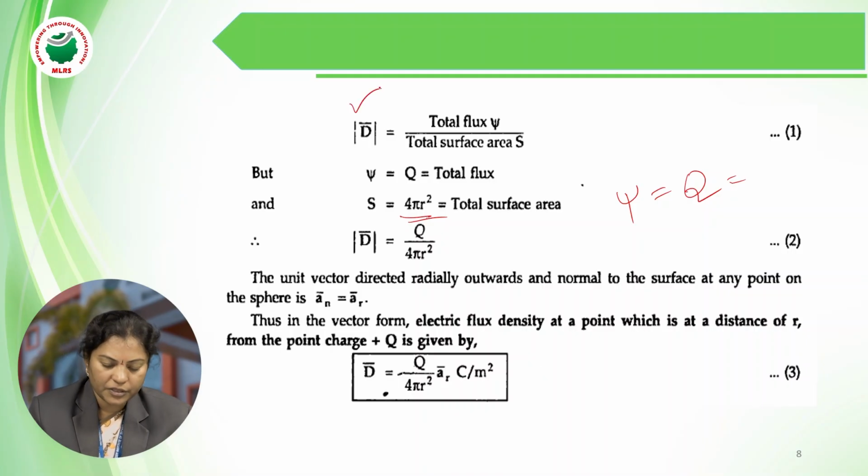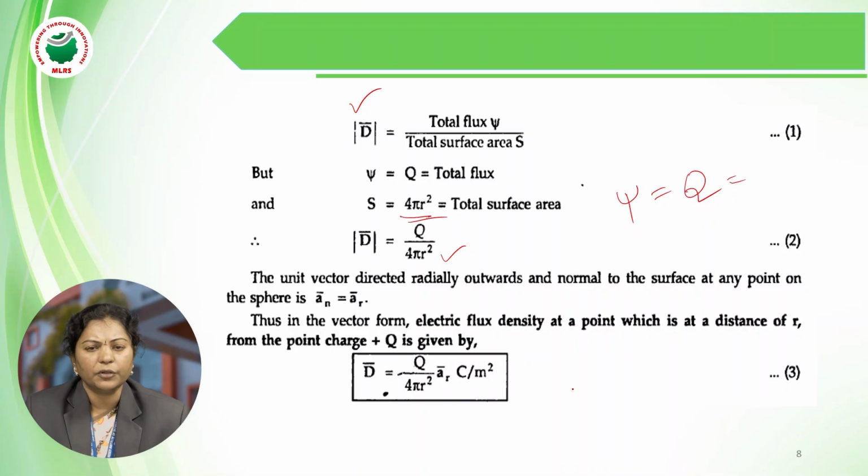So from the definition of flux density, total flux by total surface area, the total flux is nothing but Q and the surface area is 4 pi r square. From that we can define D equal to Q by 4 pi r square, in the direction a_n equal to a_r.